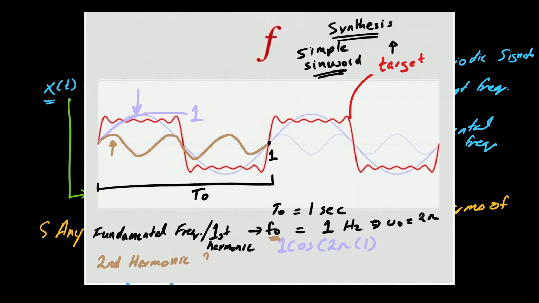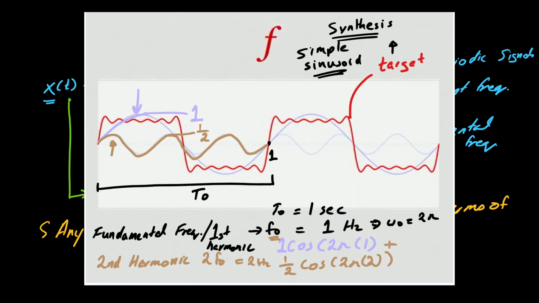That is, its frequency is now 2 times f naught, that is 2 hertz. So now we have cos 2 pi and now it is 2. Moreover, the amplitude is now revised. Say this is 1 by 2. So that would be over here. 1 by 2 cos 2 pi 2.